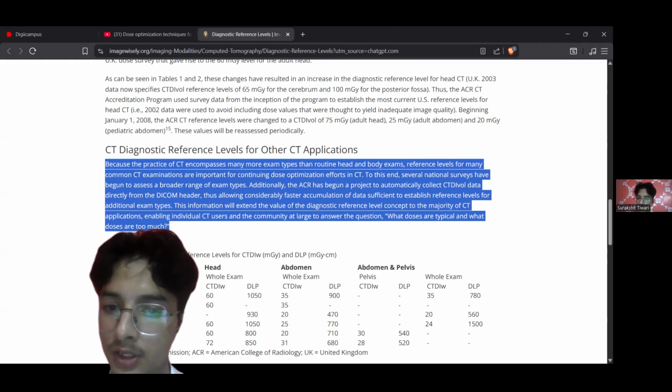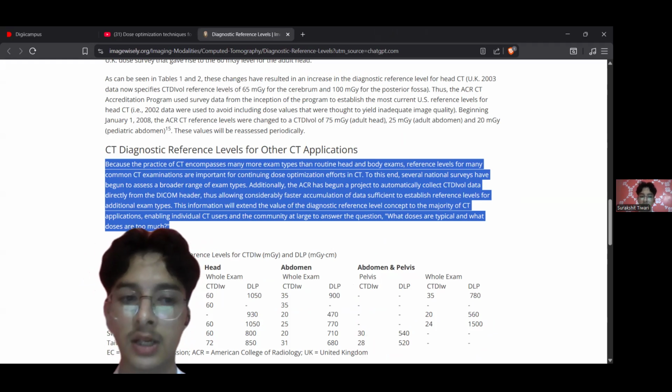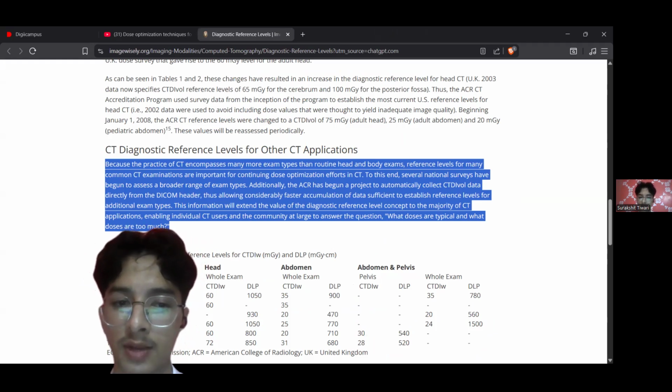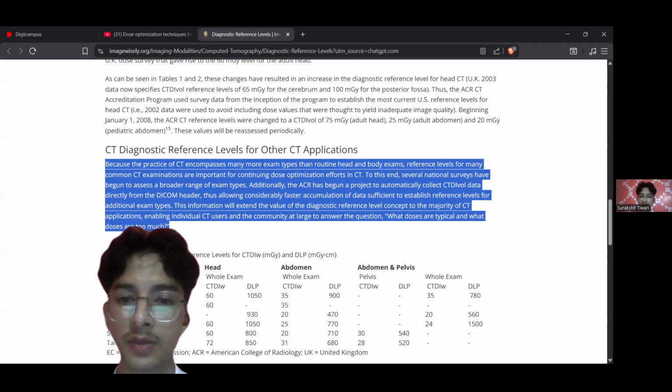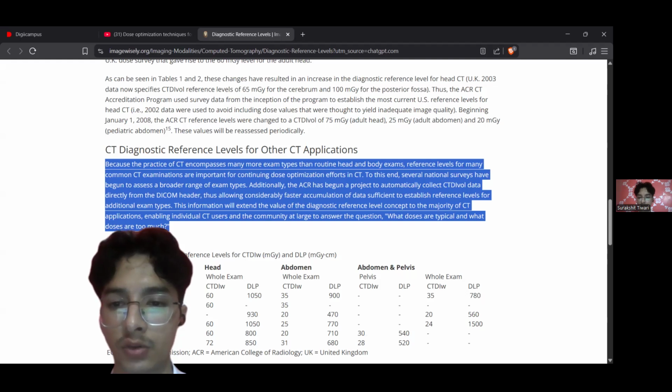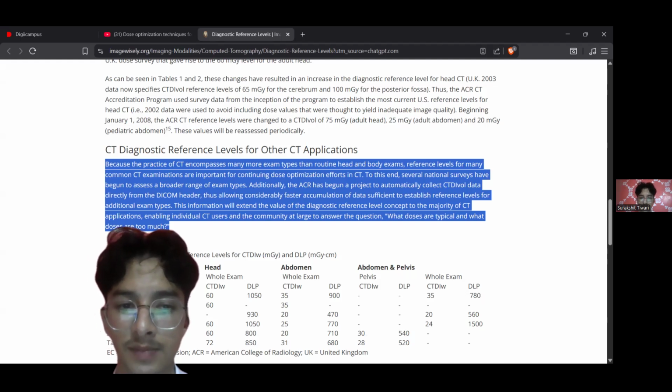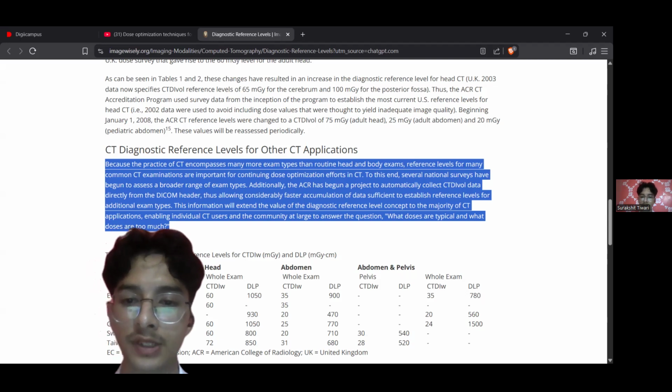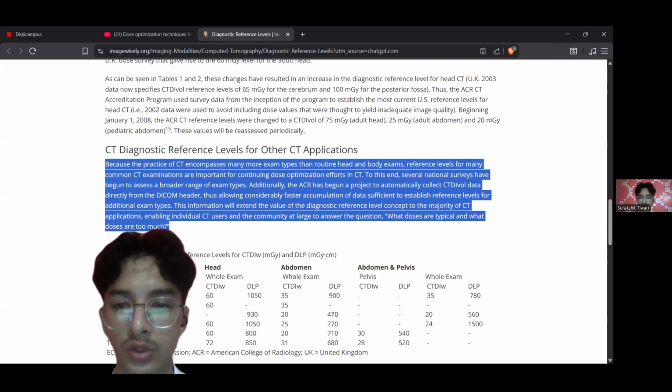Additionally, the ACR has begun a project to automatically collect CTDIvol data directly from the DICOM header, thus allowing considerably faster accumulation of data sufficient to establish reference levels for additional exam types. This information will extend the value of the diagnostic reference level concept to the majority of CT applications, enabling individual CT users and the community at large to answer the question, what doses are typical and what doses are too high.